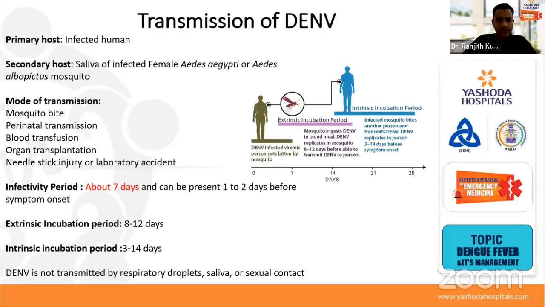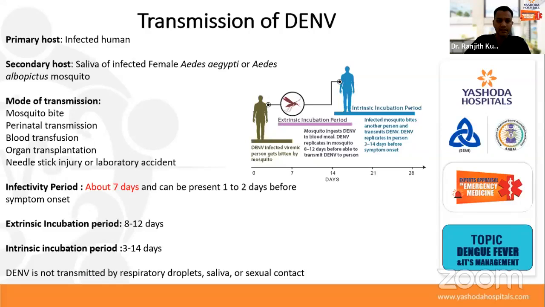The primary host is usually the infected human. The vector is the female Aedes aegypti or Aedes albopictus mosquito. Transmission is usually by mosquito bite, but perinatal transmission is possible, and blood transfusion, organ transplantation, theoretically, and needle stick as well. The infectivity period is usually about 7 days and can begin 1 to 2 days before symptom onset.